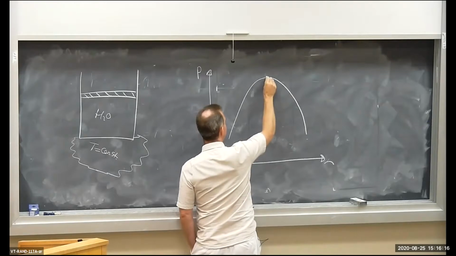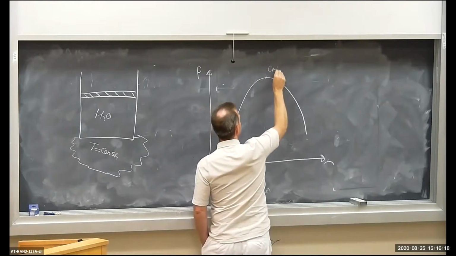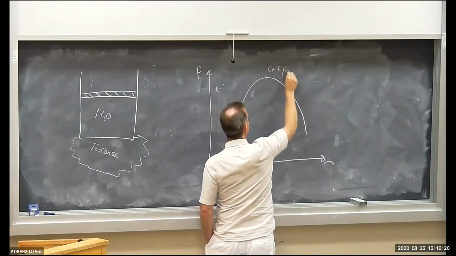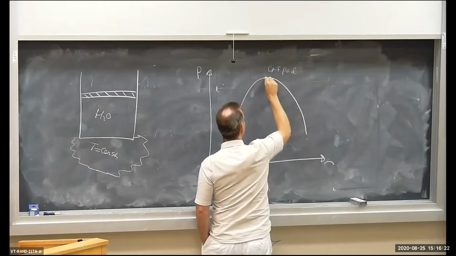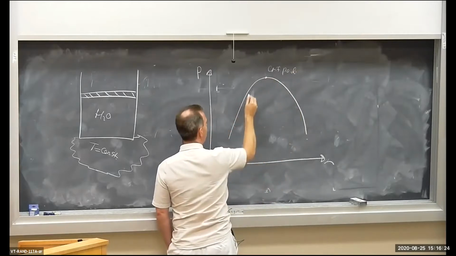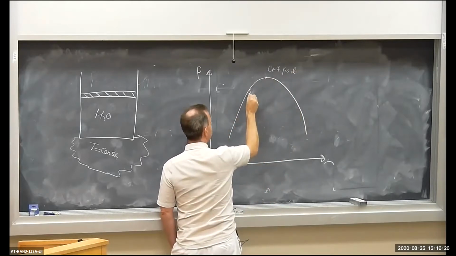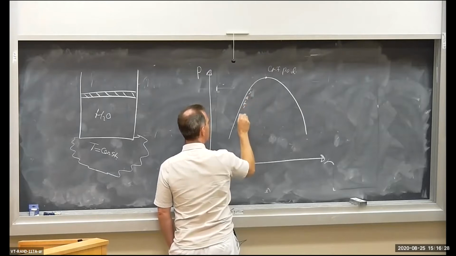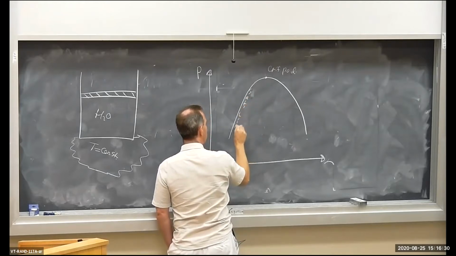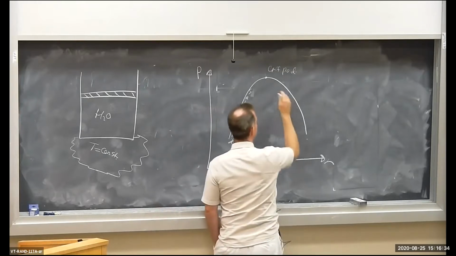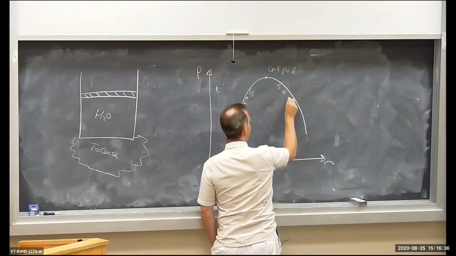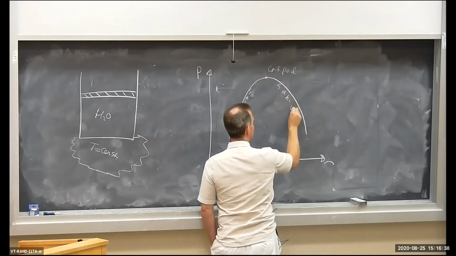Same shape. Here's the critical point, right up there. Along this side of the dome, I have saturated liquid. Over here, I have saturated vapor.